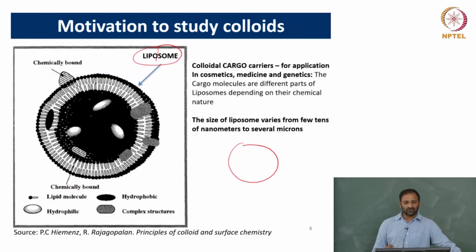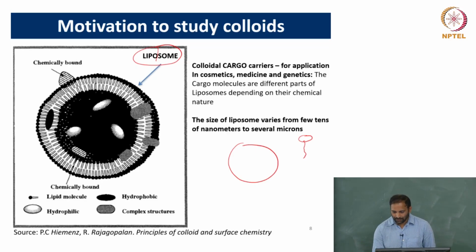Similarly, if you make such structures with lipids, it is what is called a liposome. The way these structures are made is you take a lipid molecule. Lipid molecules are represented by something like this. They have a chemical group which is hydrophilic, and some group which is hydrophobic.